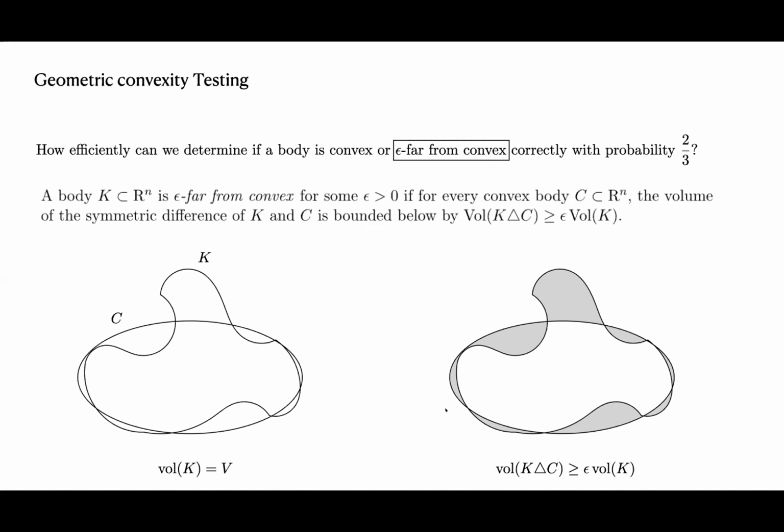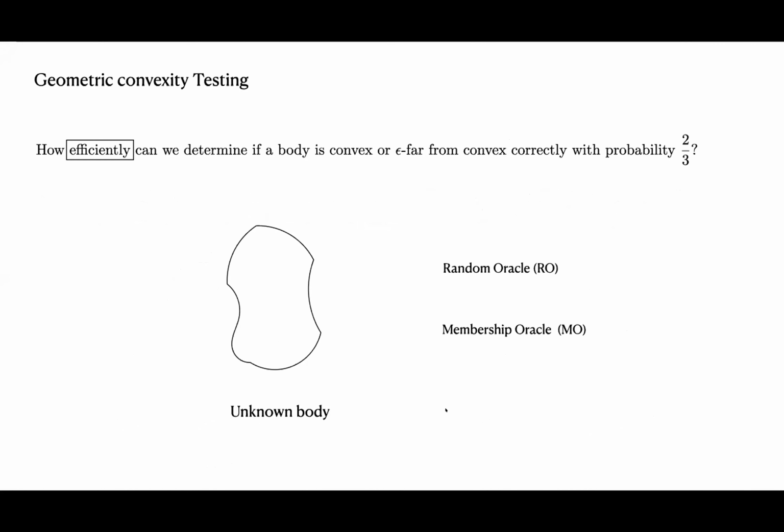Then what is meant by efficiently? For that, first we have to define the setting we're dealing with and the access model. Here the body is unknown to you. You're just given access to 2 oracles. One is the random oracle, which whenever you query it, gives you a point uniformly at random from the body.